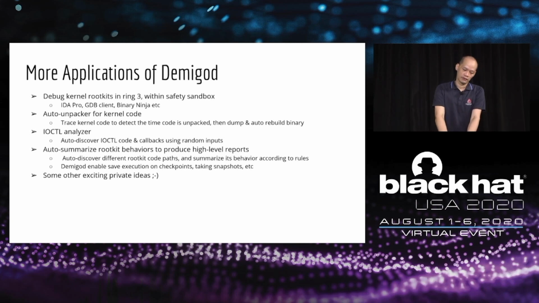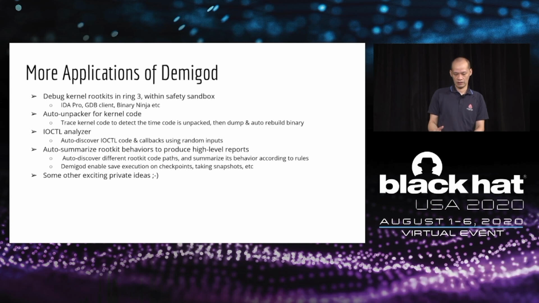The idea is that you can automatically discover different rootkit paths with different random inputs, and after that, we can build a summarized report of all the behaviors.